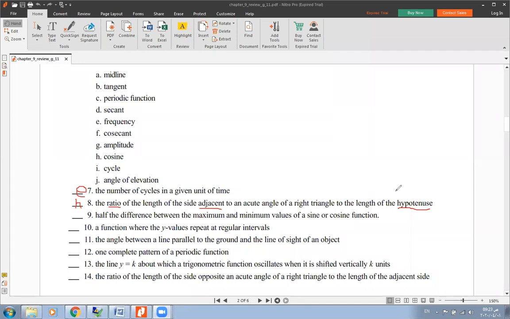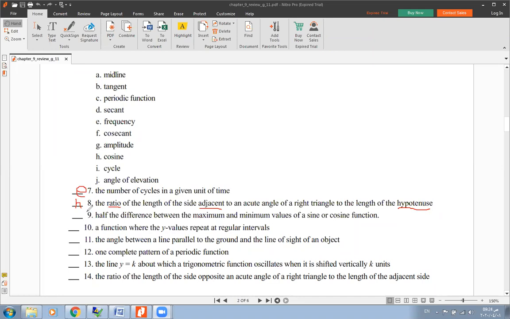Because if the amplitude is 1, the minimum value is -1.